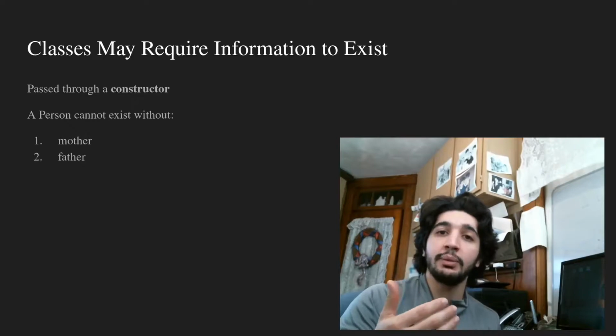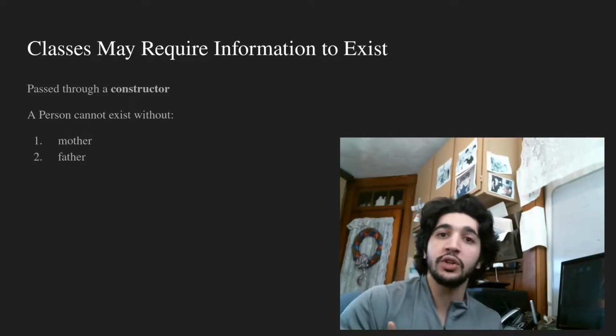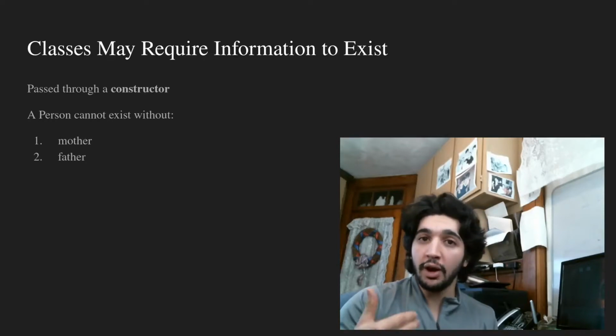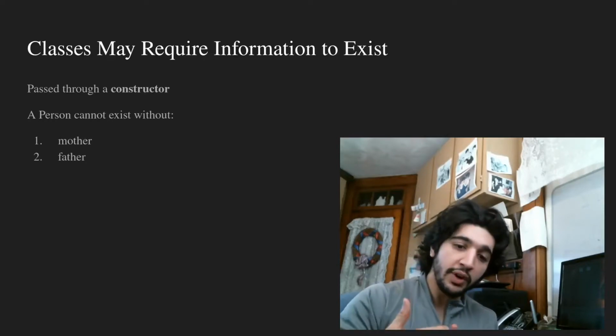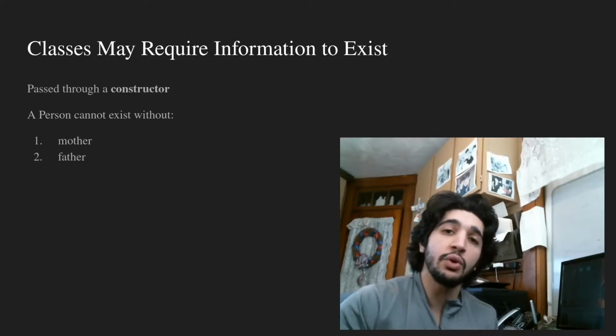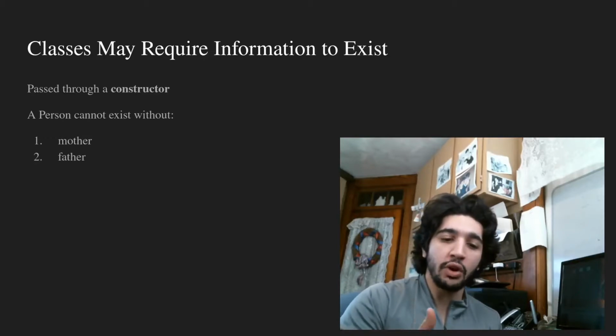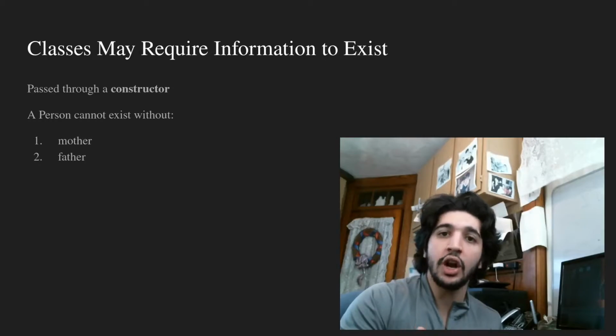So we'll create a constructor for person, and it will consume a father and a mother. You will provide a father and a mother as arguments for this constructor, and then you will create a person. This is an example of how we require some information before we can create an instantiation of the class.